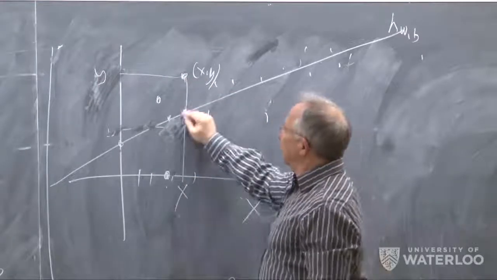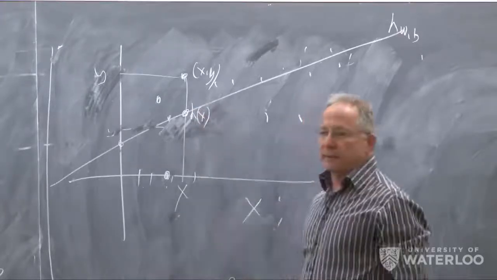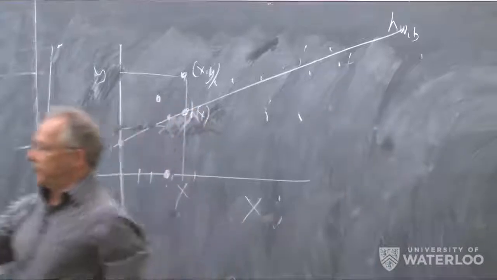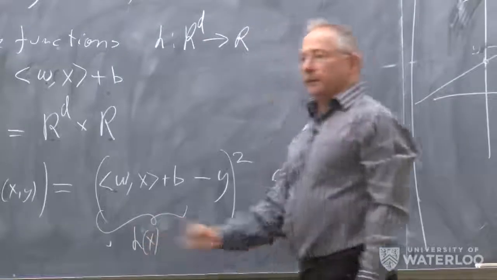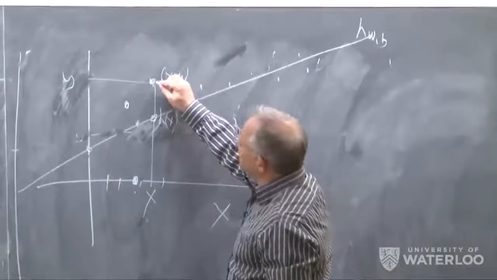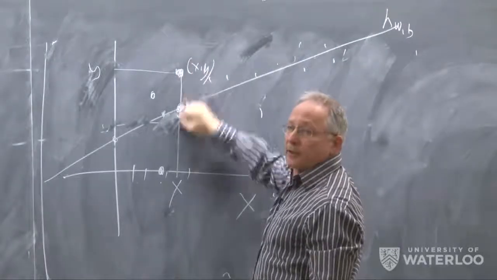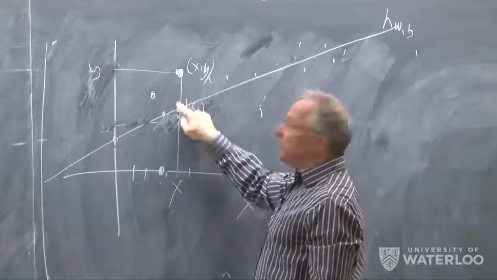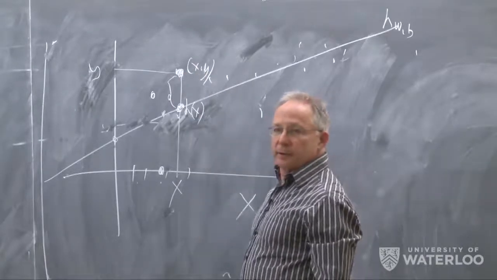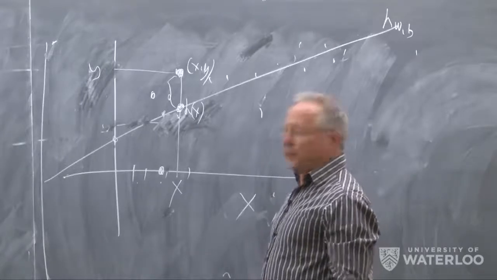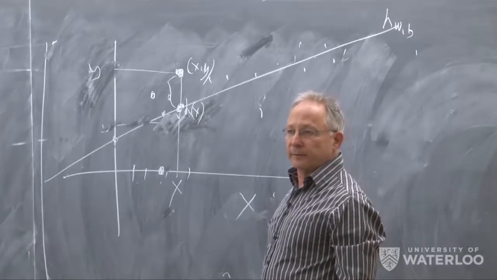Here I have h of x, which is just this function. So I look at the distance h of x minus y. I look at the misclassification, by how much h of x missed the y that I had here, and I take the square of this. So this is my loss on every point. I'm trying to minimize the total square loss, the expected square loss on a new point.